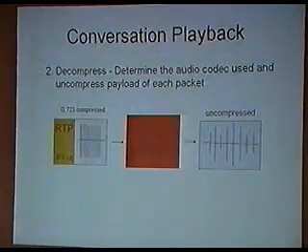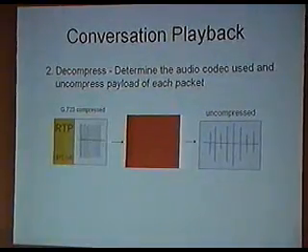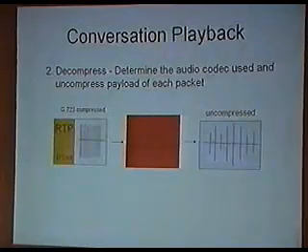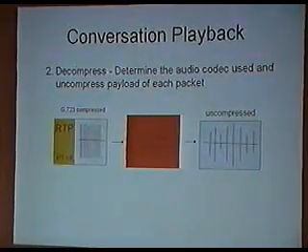And then the second step, once we have those linked lists, we're going to decompress. We're going to go through each packet in that list. We're going to look at the payload type to see what codec was used, and then we're going to decompress it.